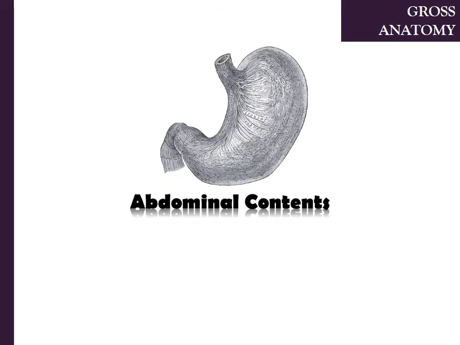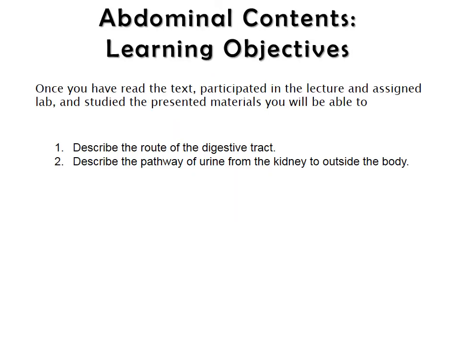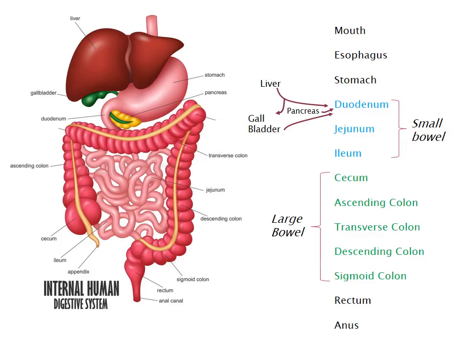Okay, so let's now take a closer look into the abdominal cavity. We're going to try to keep this relatively simple. So you take a bite of food and you swallow it.